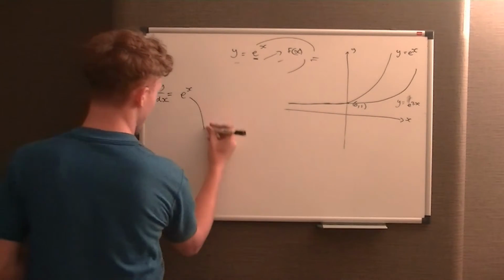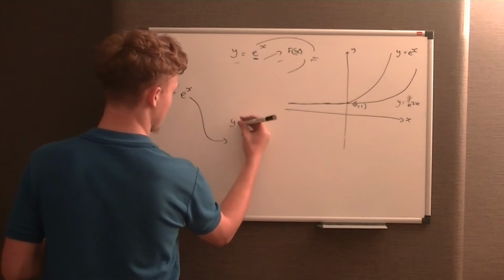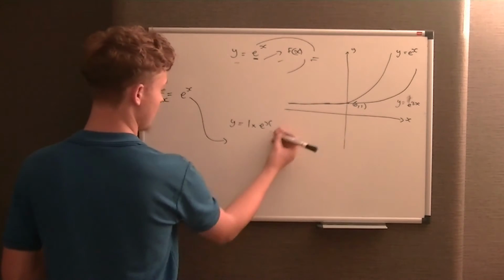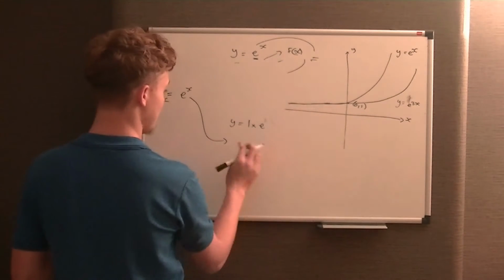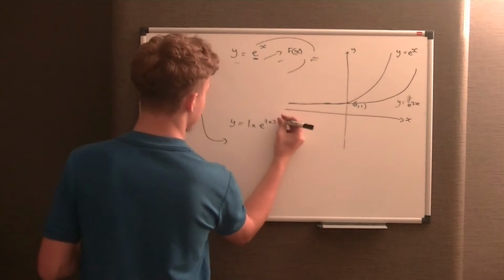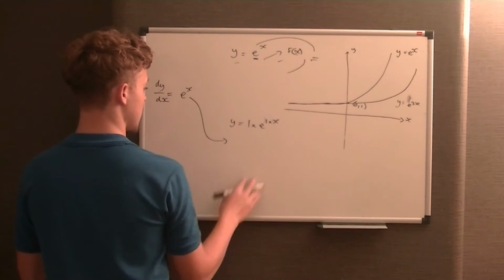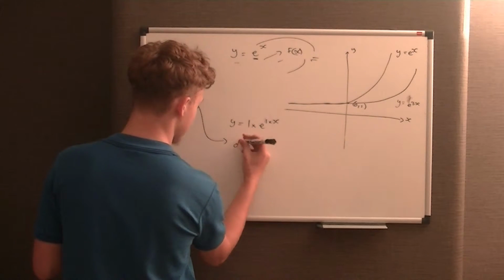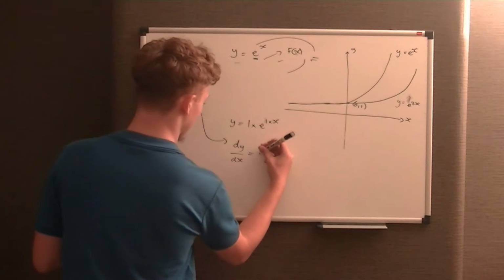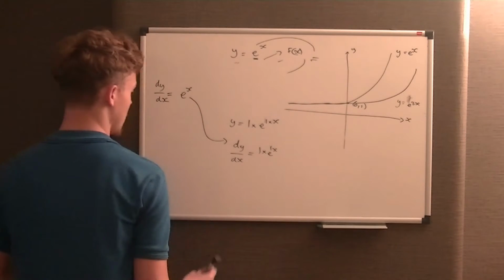What I've essentially done is, y equals e to the x, so it's 1 times e to the power of 1 times x, and then I've done 1 times 1 and left the 1 times x on top. So basically, dy dx equals 1 times 1 e to the power of 1x.